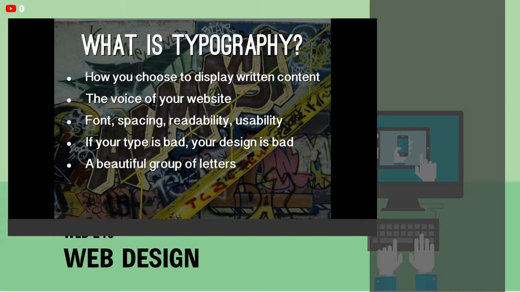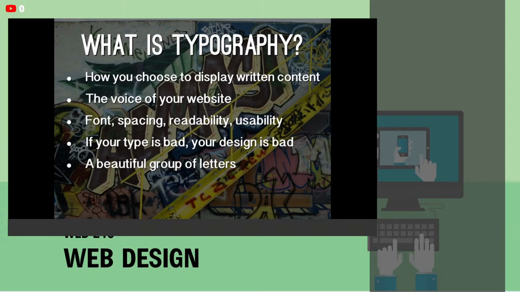It is font, spacing, readability, and usability. And as we'll talk about in just a few minutes, readability has two parts to it. If your type is bad, then your website's not going to be able to speak properly, which makes your overall design bad.